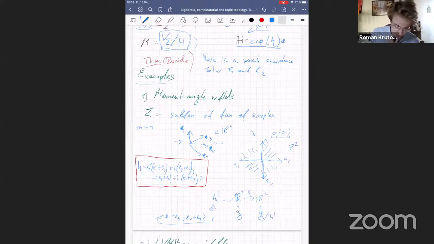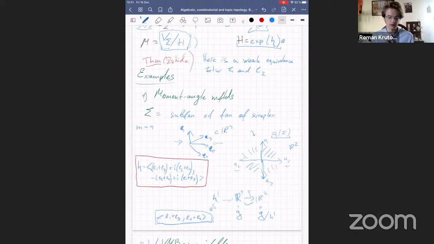Then for this picture we should find some H. So we have a projection Q from R4 to R2, and we see that the kernel of this projection is generated by these two relations, since A1 plus A3 is 0 and A2 plus A4 is also 0.